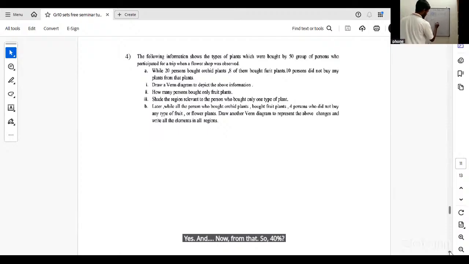So there are only orchids and fruits. Orchid and fruits. So 60%, 20% here.